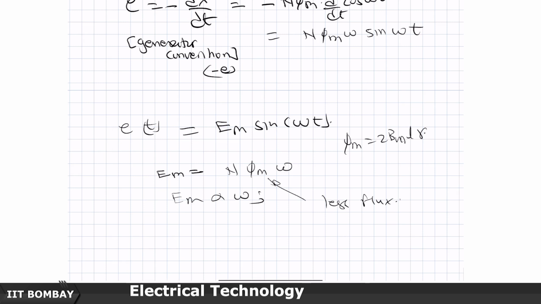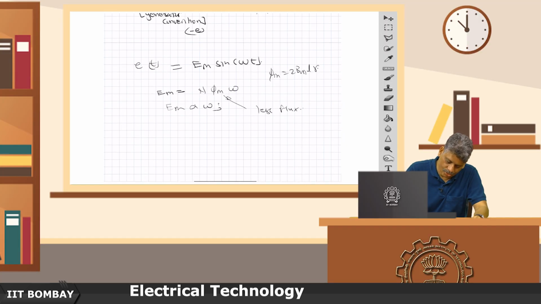So, if I reduce phi m, it means I reduce the L, I reduce the R. Therefore, the whole thing becomes compact, but if I still want to generate the same voltage, then I should rotate it at higher speed. That is why, if you go in aircraft, the supply frequency will be different from what you see on the ground.